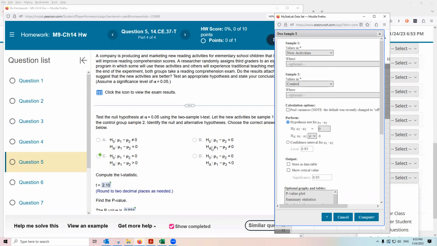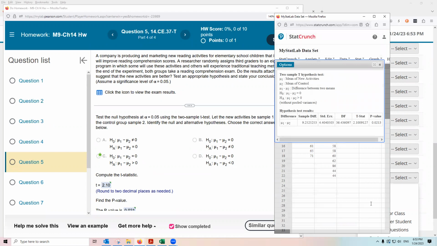Now, the only thing I've got to be careful about is I've got to set up this drop-down menu to be a greater than sign, because that's the symbol we had in our setup for the alternative, right? I had a greater than sign here. So I have to make sure that matches the greater than sign here in StatCrunch. All right, well, I'm ready to go ahead and click Compute then.